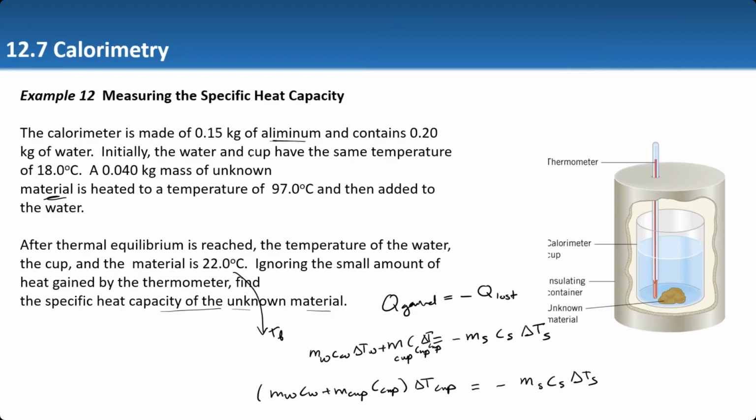These are the water and the cup. And then a mass is heated and added into the calorimeter. So here, the container will also take some heat, especially that it's aluminum, it's a metal, so metals usually heat up. So when I studied Q gained, I put the mass of the water and the mass of the cup. And when I studied Q lost, that was the sample of unknown material, of course.